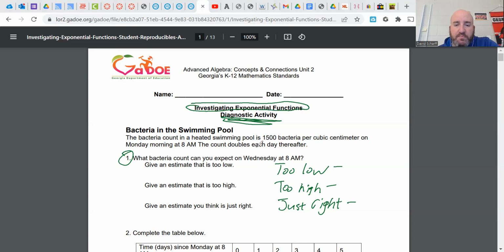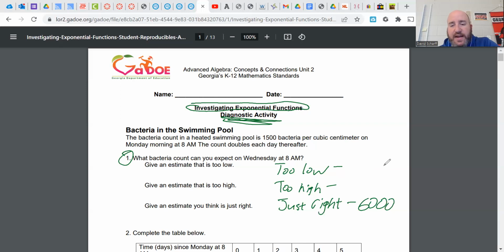So based on the information that's given to us, Monday morning, 8 a.m., what's the count we can expect Wednesday morning, 8 a.m.? That's 2 days later. The count doubles each day. So we're starting with 1,500. It would double to 3,000 Tuesday morning at 8 a.m. and then double to 6,000 Wednesday morning at 8 a.m. So the just right estimate would be about 6,000, and then too low and too high can be anything below or above that.